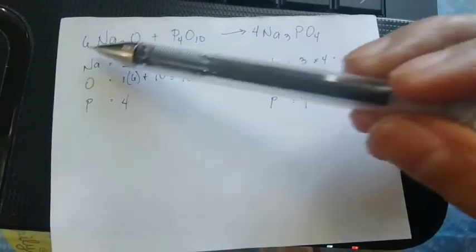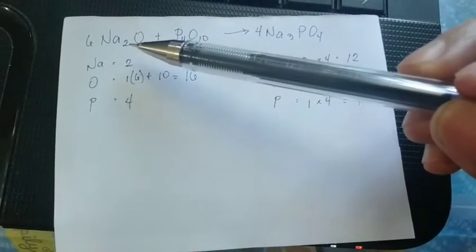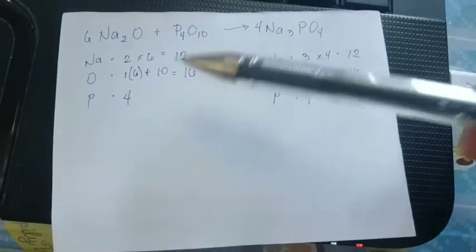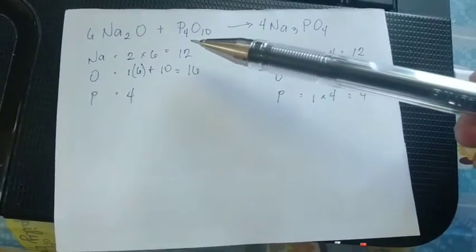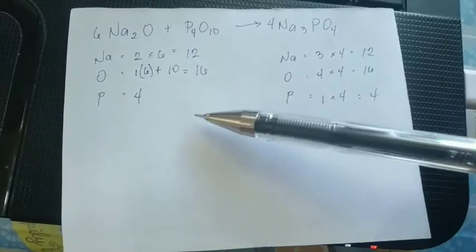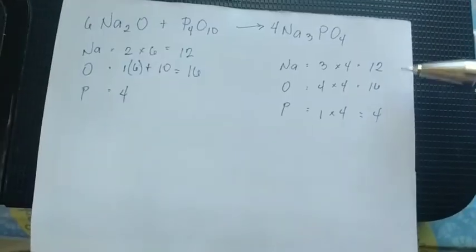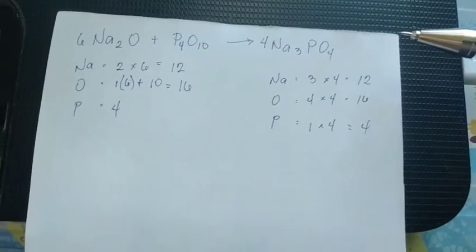And then, multiply natin yung 6 doon sa 2, and that will become 12. There we have it. Meron na tayong 12 na sodium sa reactants, 16 na oxygen, and 4 na phosphorus, which is the same numbers na meron tayo doon sa product.